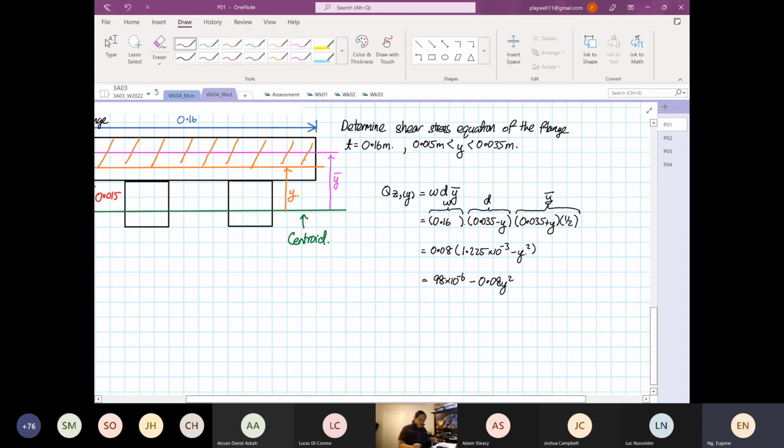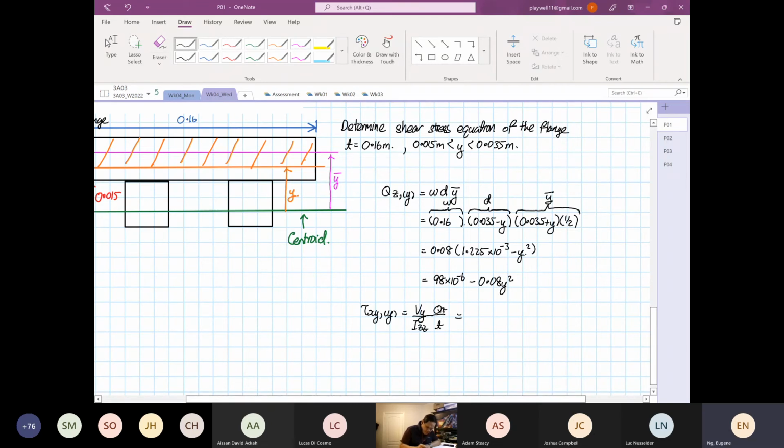So that is the expression for the function for the first moment of area as a function of y. Directly you can plug in your formula already. So shear xy as a function of y will be equal to the shear formula, Vy over Izz times Qz divided by t.